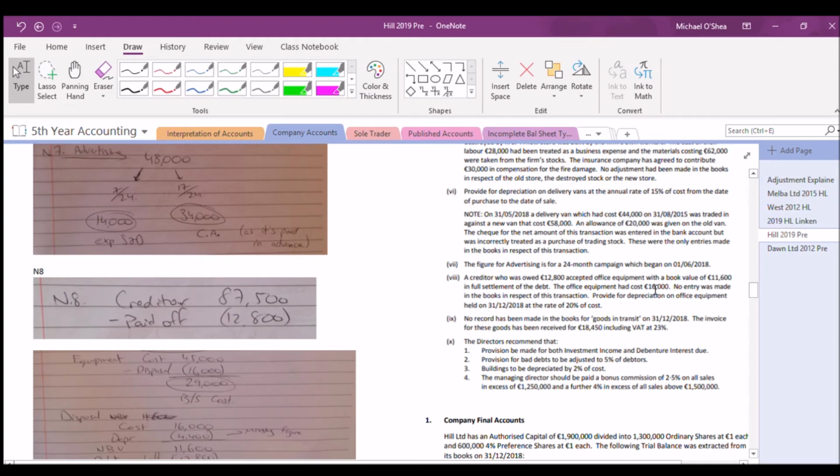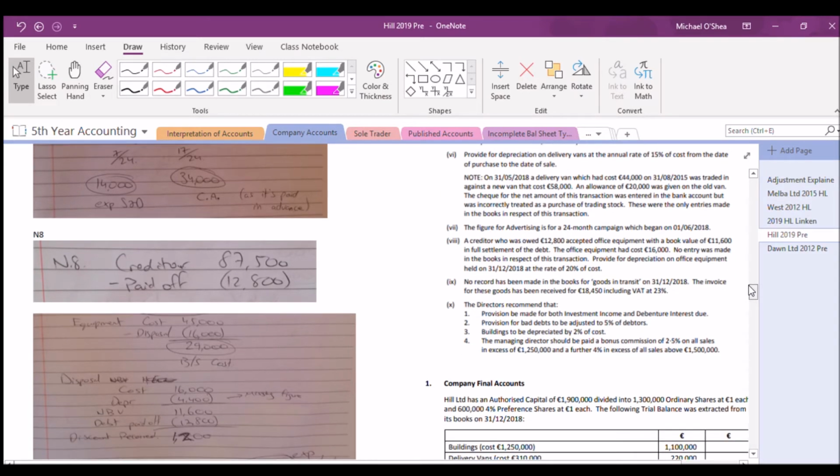You need to find out the depreciation for the year for office equipment, the accumulated depreciation for office equipment, and you need to take out the disposal for that one. We need to change the cost of the office equipment. We also need to cancel the debt for the creditor, and we need to look at the discount. Quite a bit to go through.